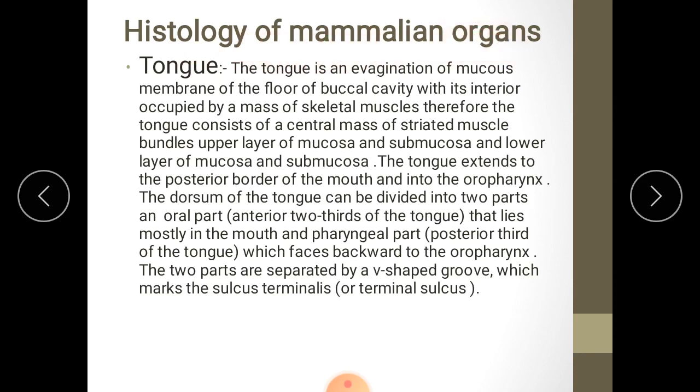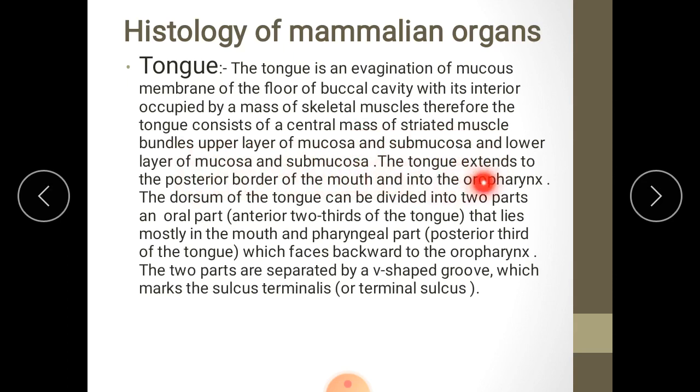Different organs are given, of which histology you have to study. The first organ about which you are going to study the histology part is tongue. The tongue is an invagination of mucous membrane of the floor of buccal cavity with its interior occupied by a mass of skeletal muscles. Therefore, the tongue consists of a central mass of striated muscle bundles, upper layer of mucosa and submucosa, and lower layer of mucosa and submucosa.